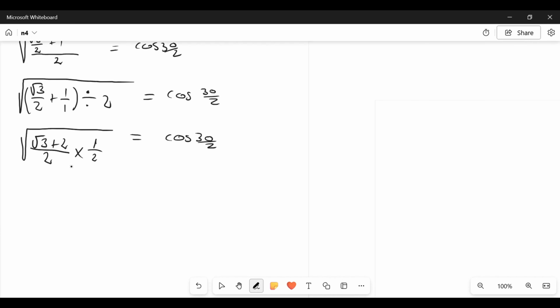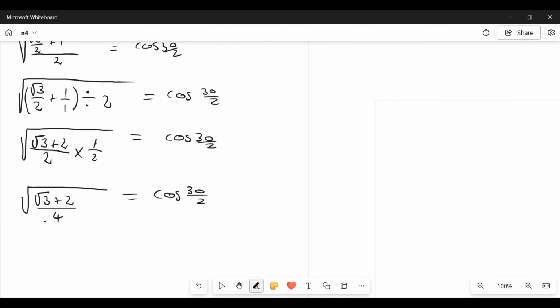There we go. So from here, we're going to continue and put this under the root. On the numerator, we have root 3 plus 2 multiplied by 1. That is going to give us root 3 plus 2, divided by, on the denominator, 2 multiplied by 2. This is going to give us 4. All this is equaling to cos 30 divided by 2.